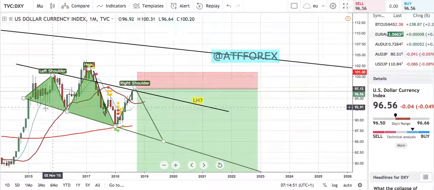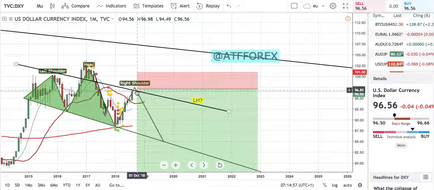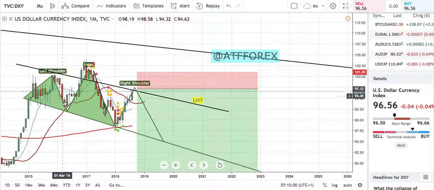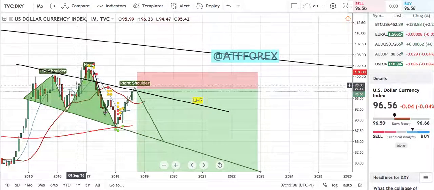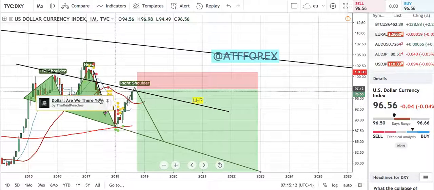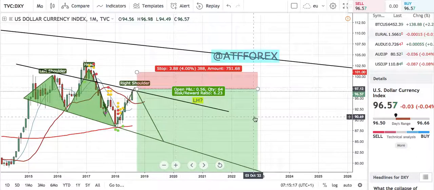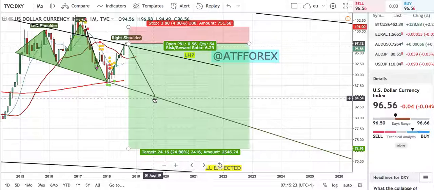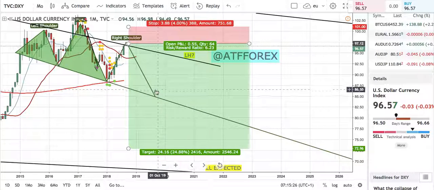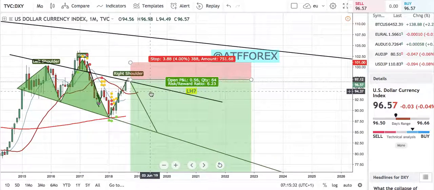What we could have is a lower high being created right now, because we went high, low, high, low, but we've broken this low here to create a new low, so we could potentially now be on another downtrend, with a high, a low, a lower high being created before creating the next lower low, which should take us to complete the neckline of this head and shoulders pattern for the US dollar index.